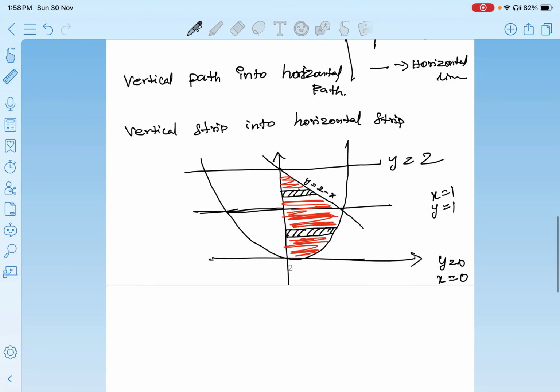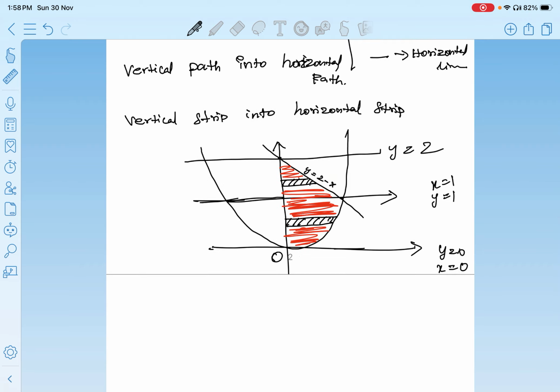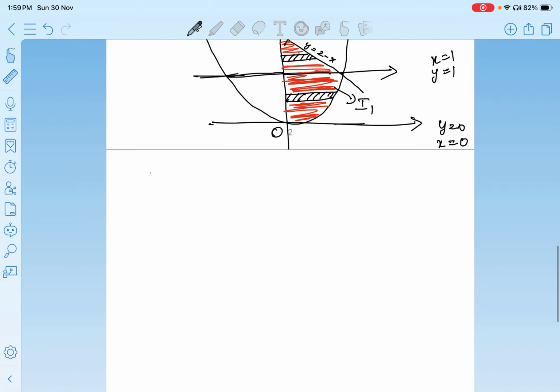Same, this is your 0. This is y equal to 1, y equal to 2, and all other things. So first one is this one, the same I1. This is your I2.